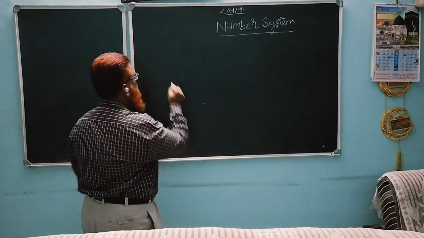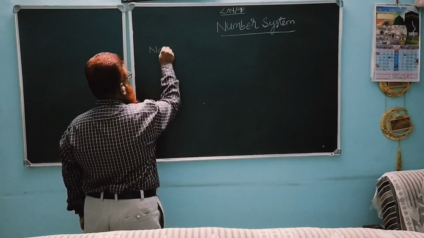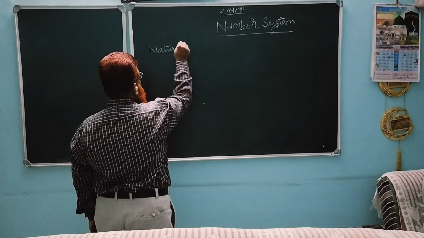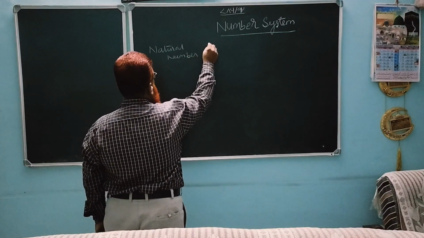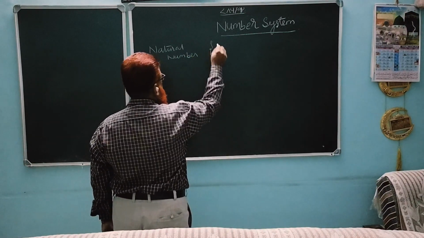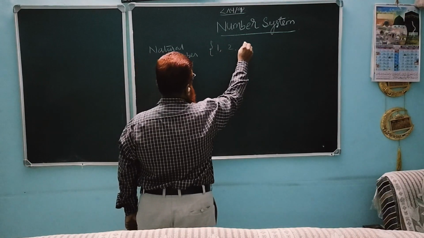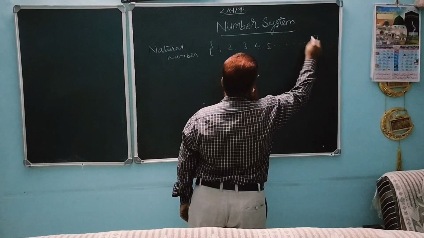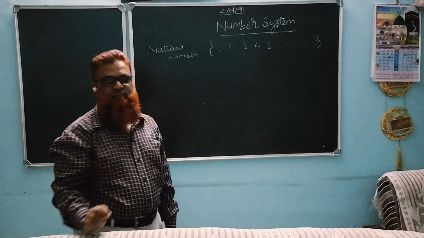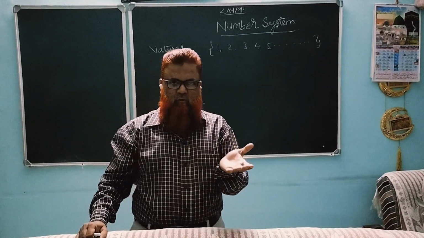What is the group of numbers? The first number, we start with natural numbers. Okay. What are natural numbers? The natural numbers are all counting numbers 1, 2, 3, 4, 5, ... It's infinity. That means the beginning is known.